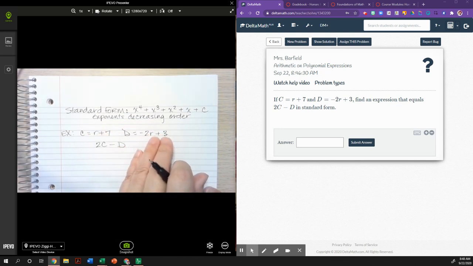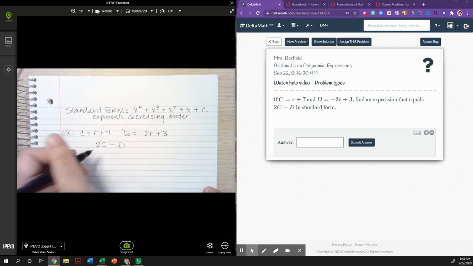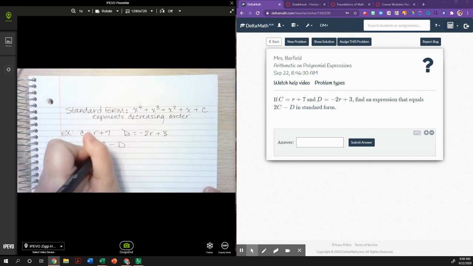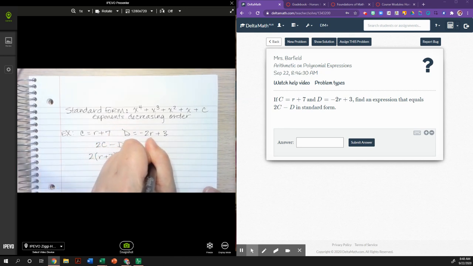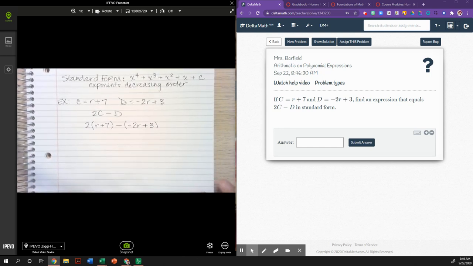We're usually plugging in a value. So I'm going to write 2 first, and for c, I'm going to put in parentheses r plus 7, minus, and then for d, I'm going to put that in parentheses, especially since I have that minus sign, negative 2r plus 3.